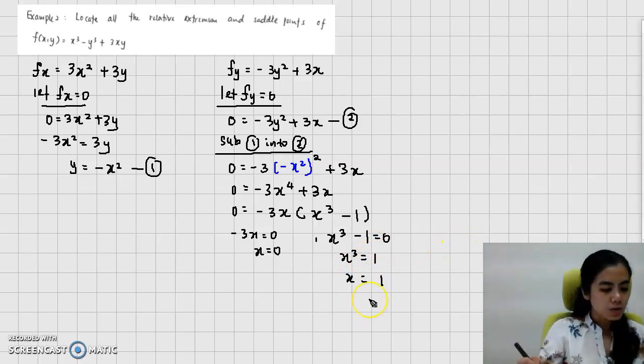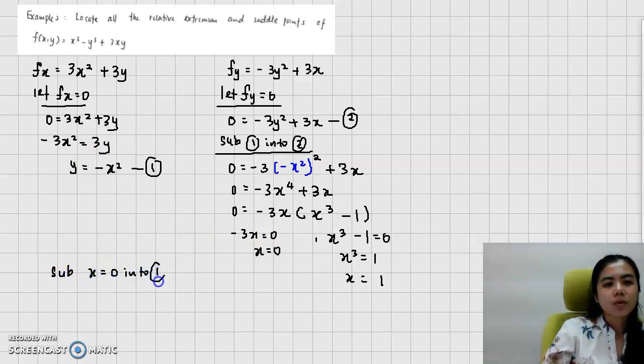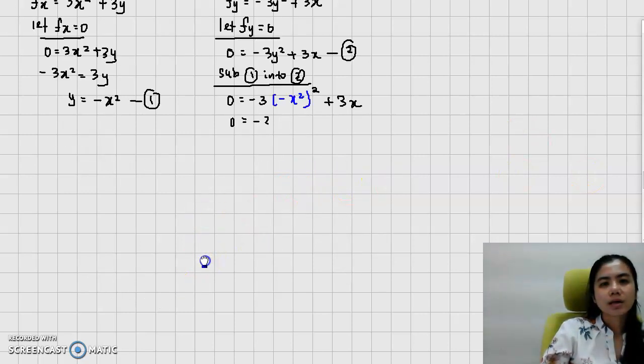Once you have that, we are interested to know the y value. So substitute back into here to get your y value. Sub your x equal to 0 into number 1. Then we will have y equal to minus 0 squared, that is 0. So you obtain your first critical point, that is 0, 0. Same thing happens to the next x.